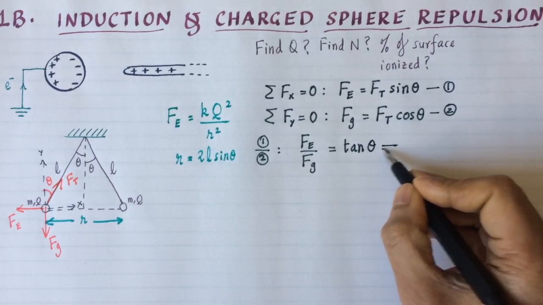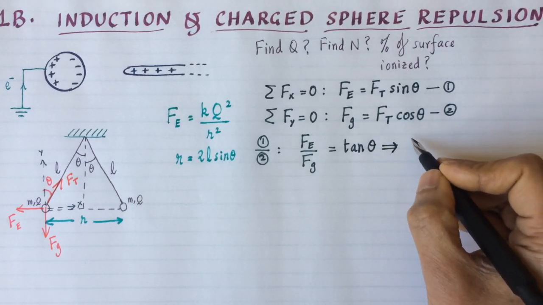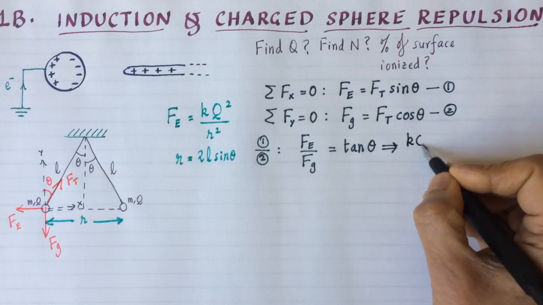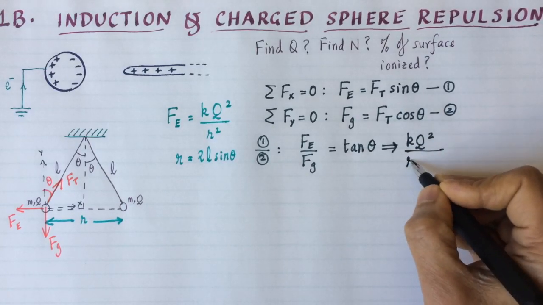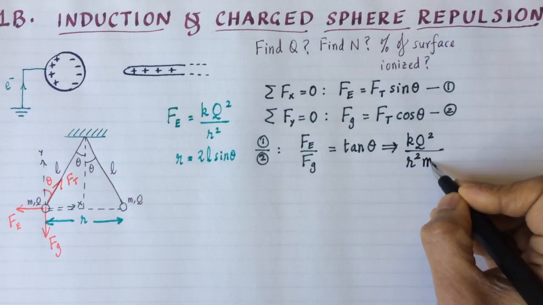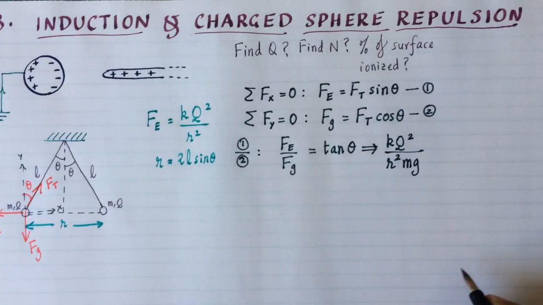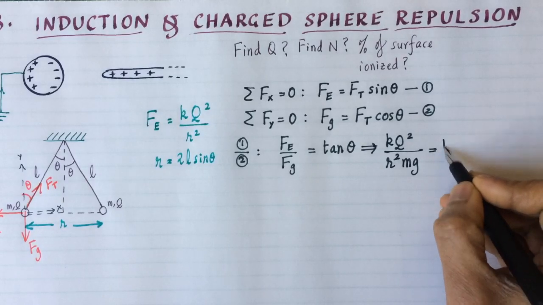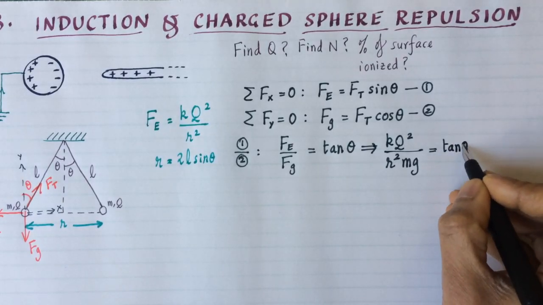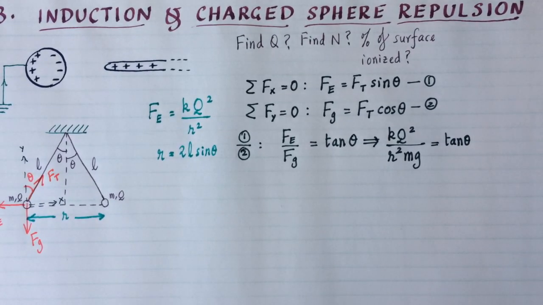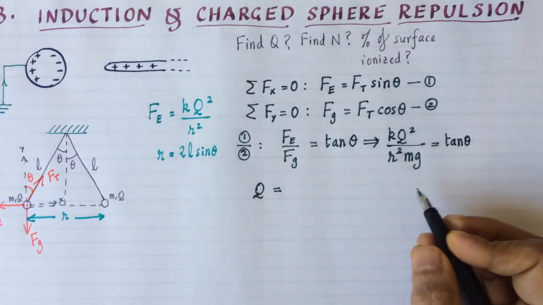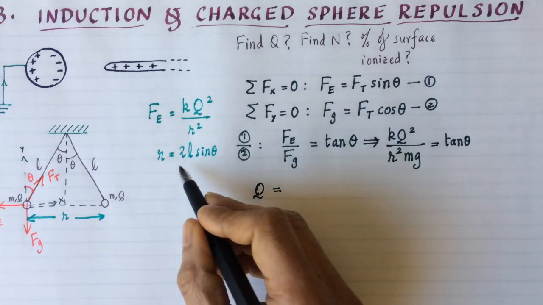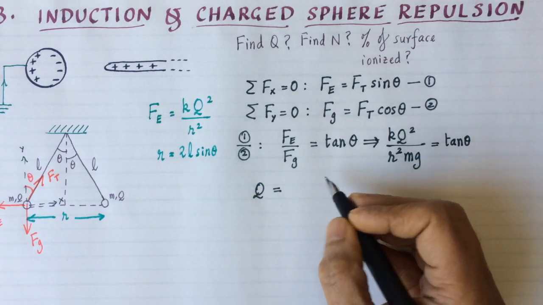Let me substitute now for Fe and Fg. Fe is kq squared over r squared, and Fg is just mg because it's gravity, and that is equal to tan theta. Now I can solve for the charge q. While I do that, let me also put r equals 2L sine theta.